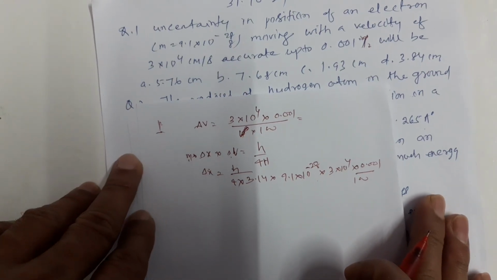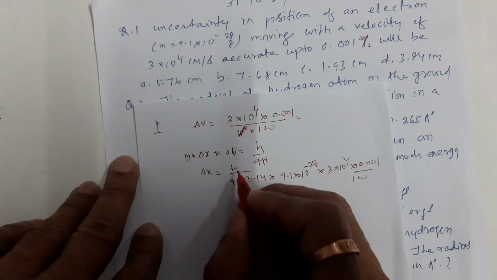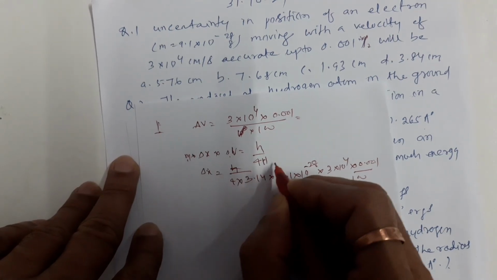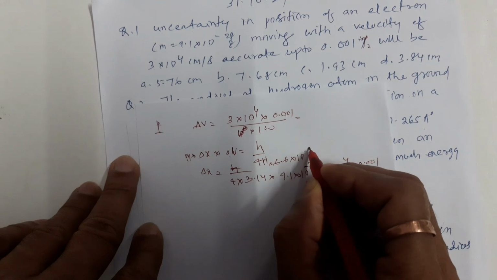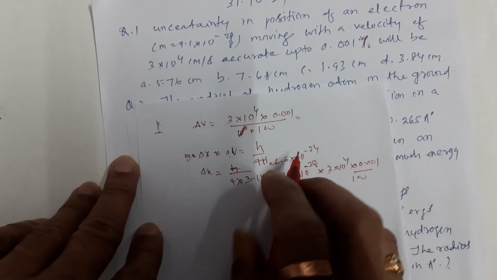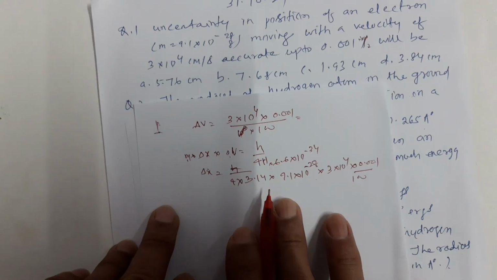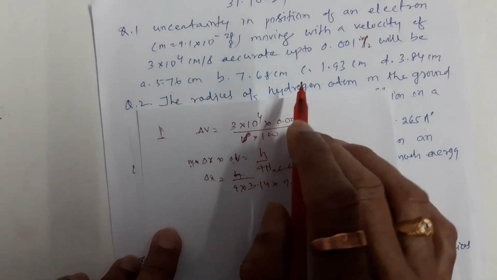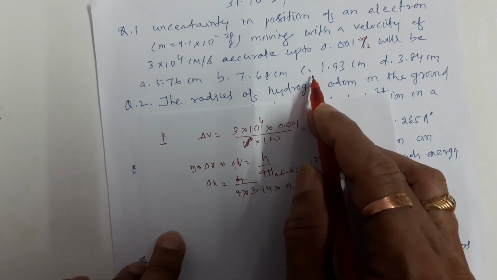So you will get the answer by solving all these, and you put also the h value, which is 6.6 multiplied by 10 to the power minus 34. It is also given. By putting all this you will get the value 1.93 cm. So choice C is the correct answer.